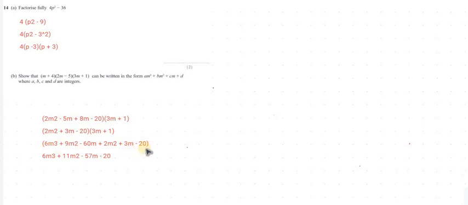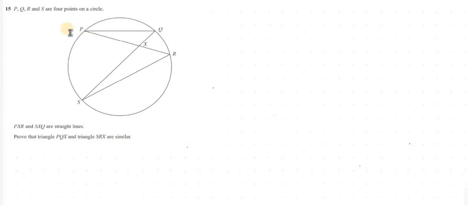And when you simplify, you have 6n cubed plus 11n squared minus 57n and minus 20. Okay? Factorizing and expanding of brackets, topics right next to each other. Okay?